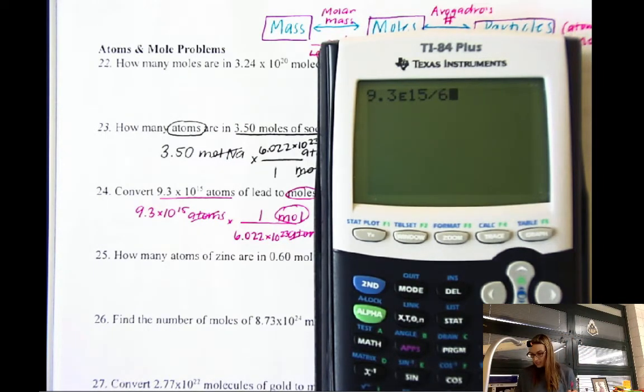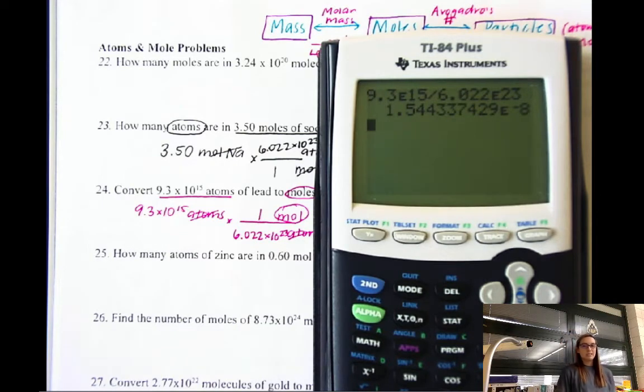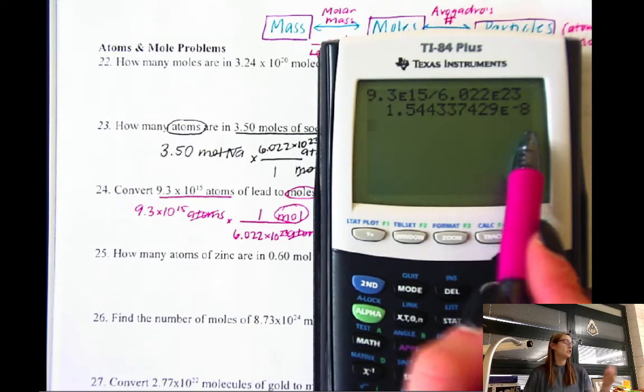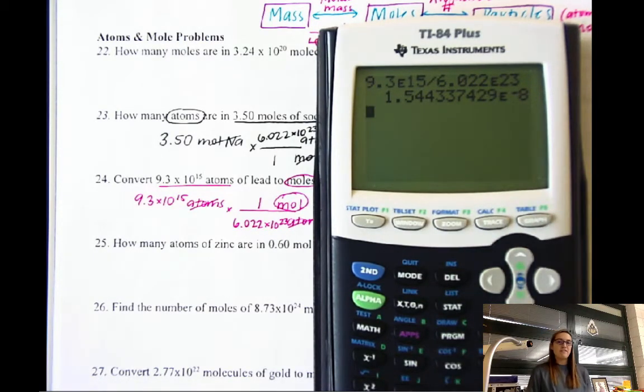On the bottom is 6.022 E23. So 9.3 E15 divided by 6.022 E23. Notice we still have this times 10 over on the side. And if you want to just use E instead of the times 10, that's fine. But we get 1.54 times 10 to the negative 8.